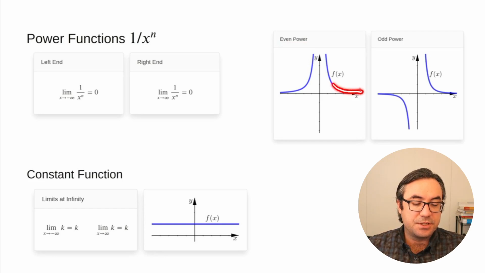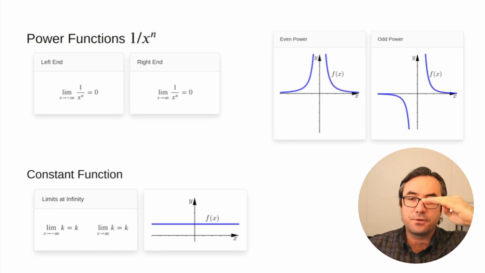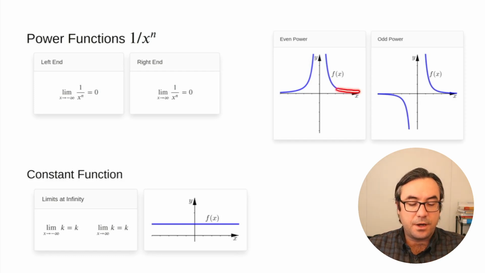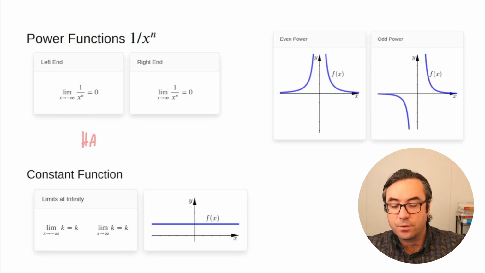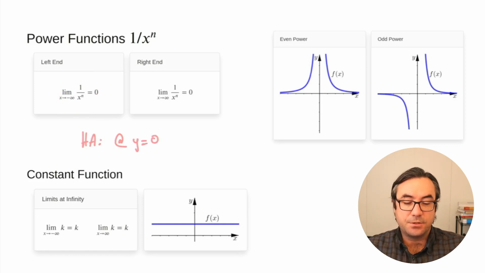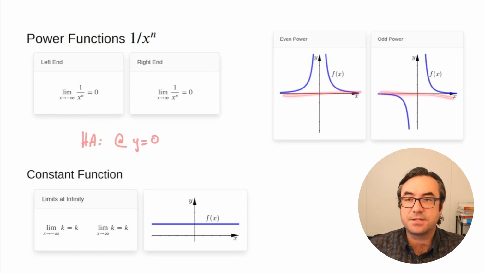As x approaches infinity, the height of our curve gets closer to the x-axis, so the height is going to 0. And as x gets large negative, still the height of our curve is going to 0. So we say the limit is equal to 0, and this means we have a horizontal asymptote at y equals 0. The x-axis is a horizontal asymptote in both of these cases.